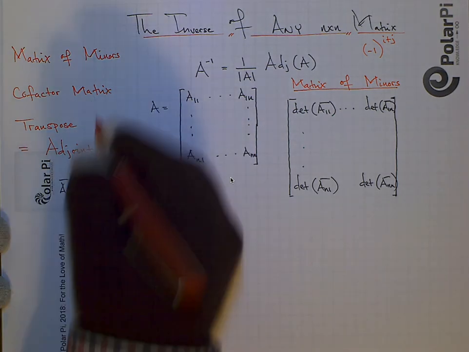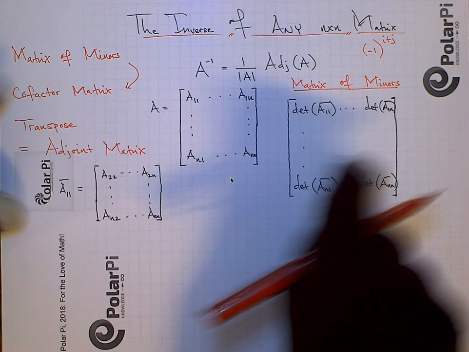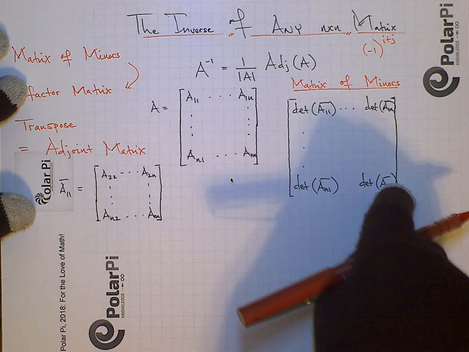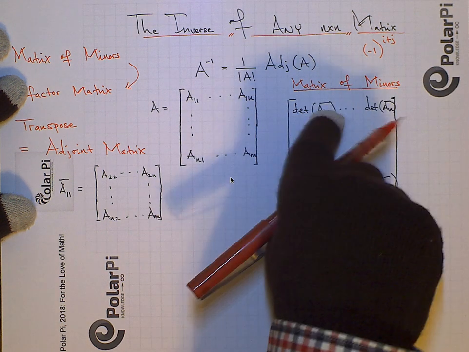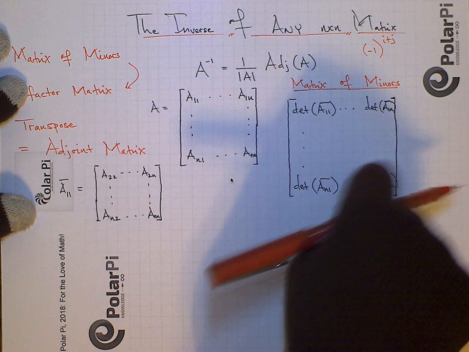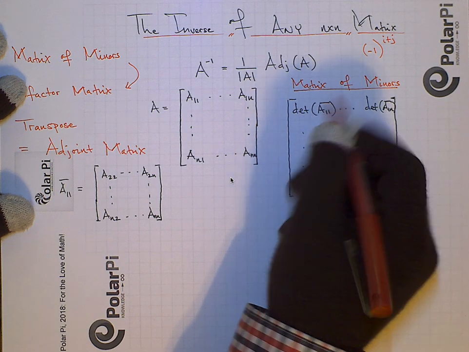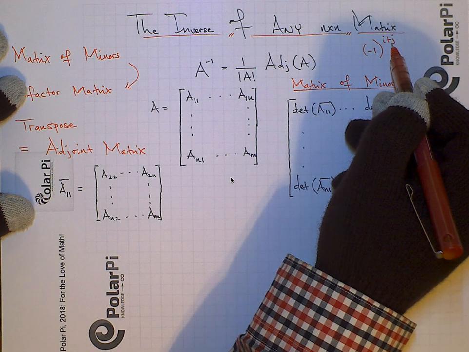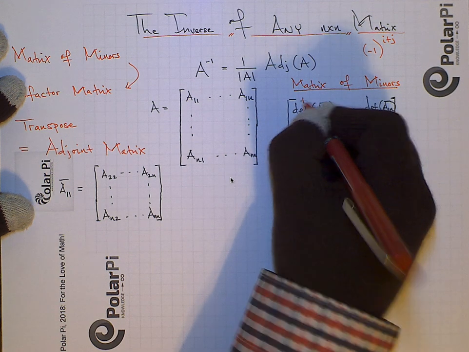So to go from the matrix of minors to the cofactor matrix, all you have to do is for each of these entries, calculate -1 to the power of i plus j and put it in front of each one of these, and however many there are in between, right? Okay, cool. So we know that for this first entry here, it's going to be -1 to the power of 1 plus 1, so -1 to the second, which is +1, so we write a plus.